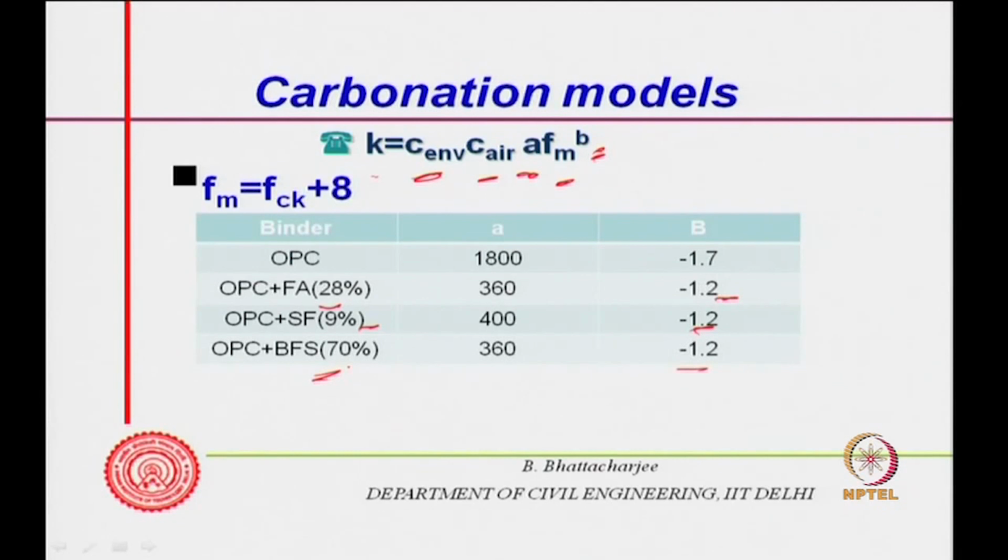Normally blast furnace slag you can go up to 70%, silica fume people use about 9-10% and fly ash 20%.